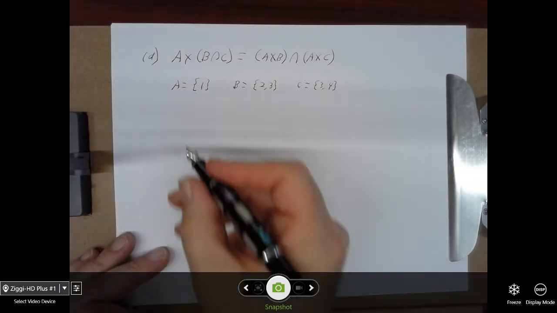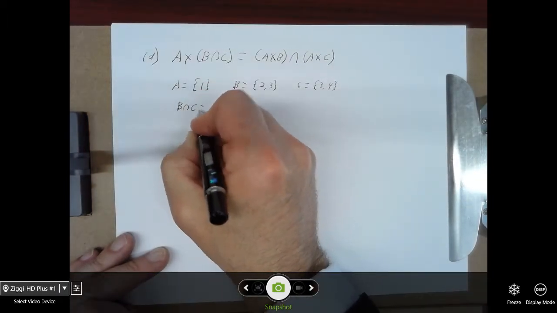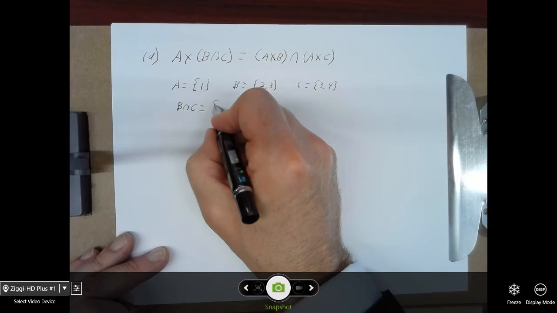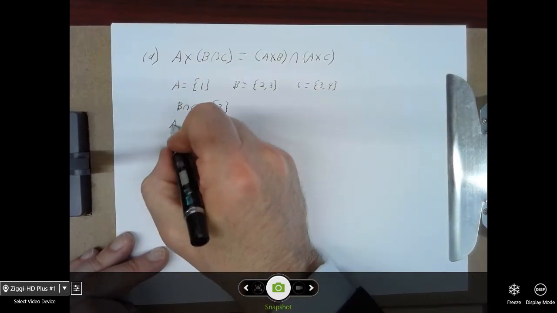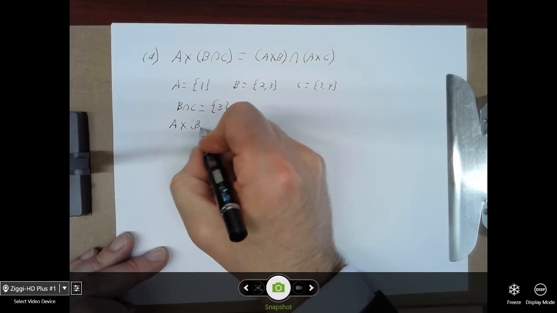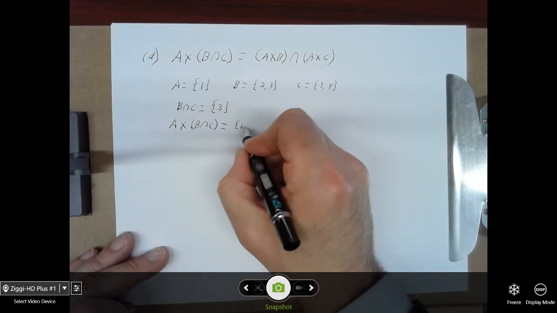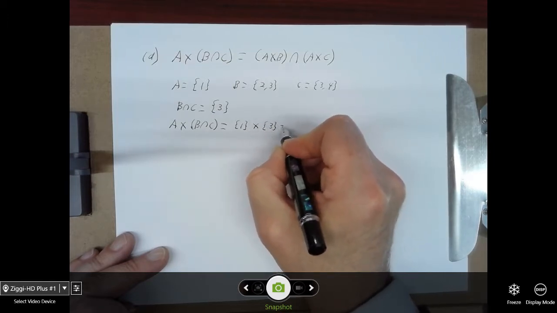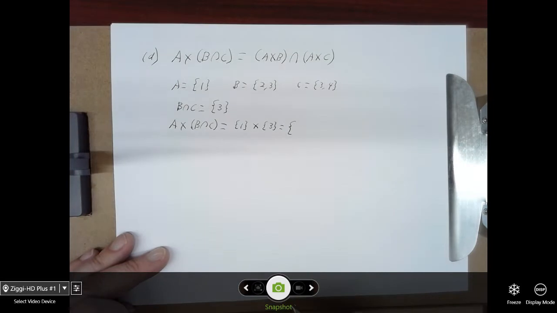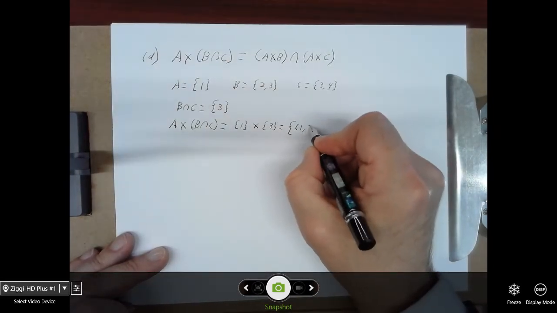So I'm going to start off by finding what B intersect C is. And the intersection of these two sets is just the singleton set 3. And so now I can say A cross B intersect C is equal to the singleton set 1 cross the singleton set 3. And what's that going to be equal to? It's a set containing the single tuple 1, 3.